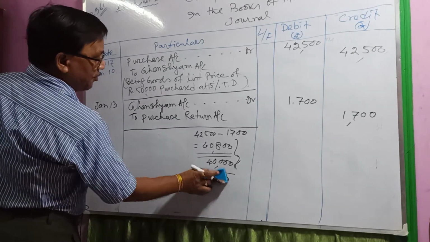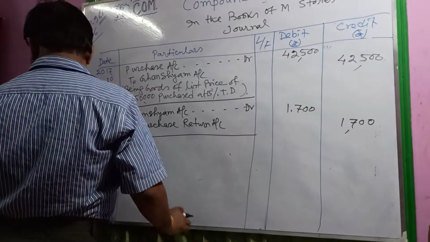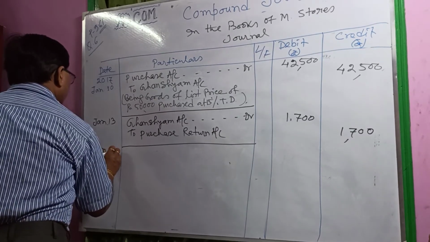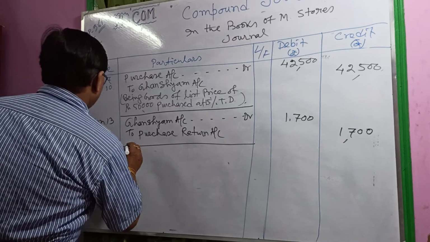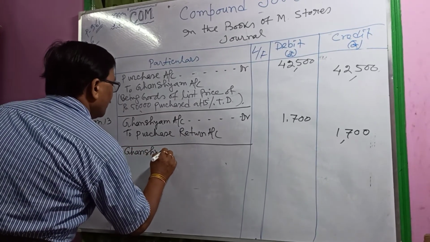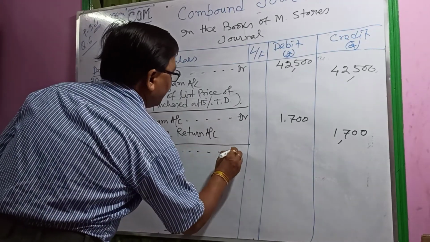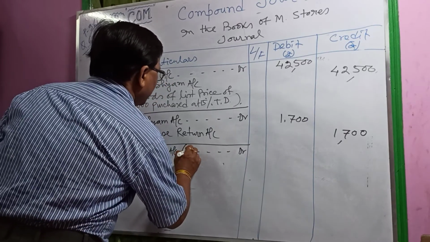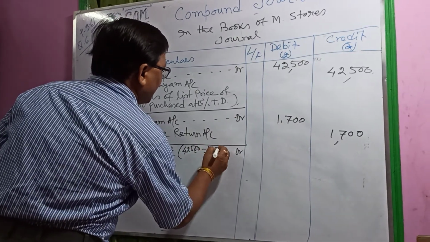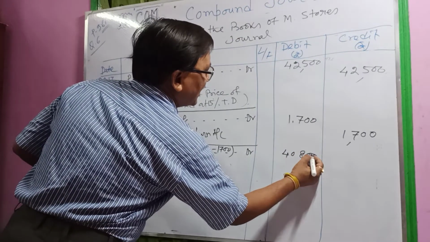Now what is the journal entry? This is the important journal entry. Now in this case, what is the journal entry? Then you write January 15. Ghanshyam account debit. This is the debit, or otherwise you write the workings: 42,500 minus 1,700, that is equal to 40,800.